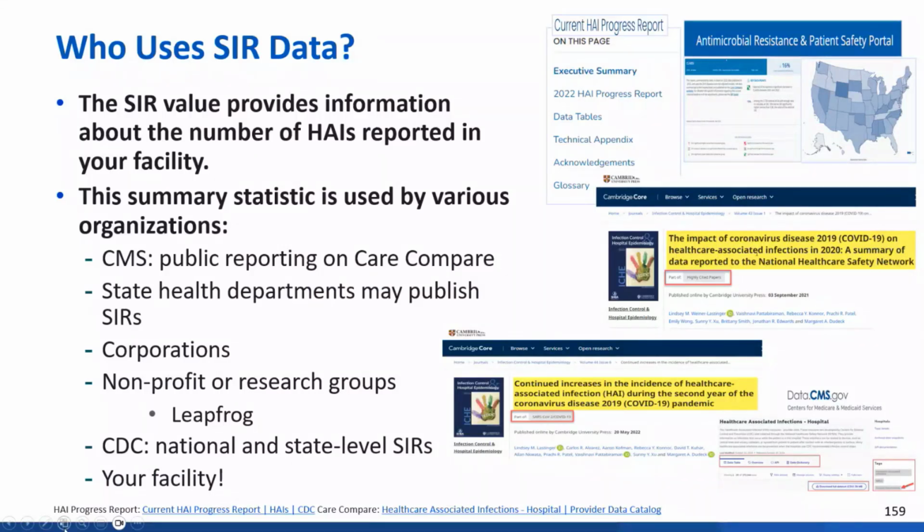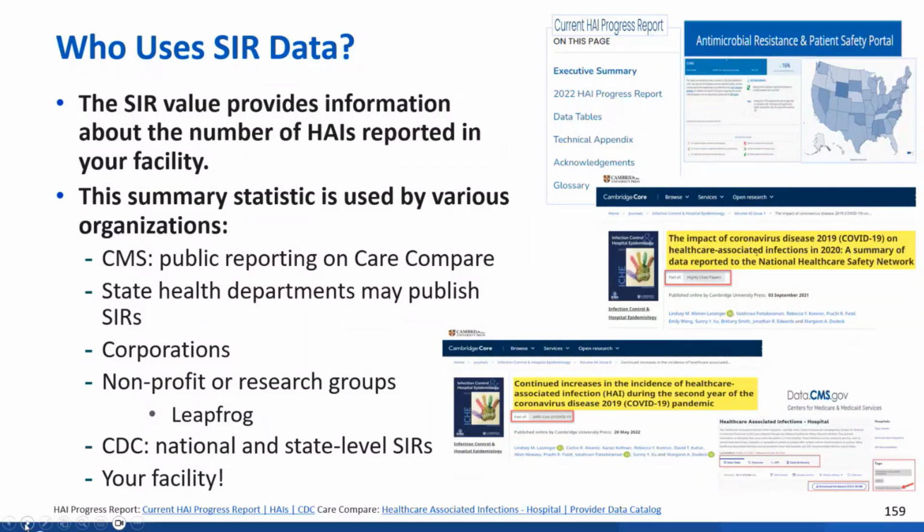So who uses the SIR? The NHSN SIR provides crucial national benchmark information about the number of HAIs reported in your facility. It's utilized by a wide range of organizations, including CMS, state and local health departments, corporations, nonprofits, research groups, and very importantly, by you and your facility.